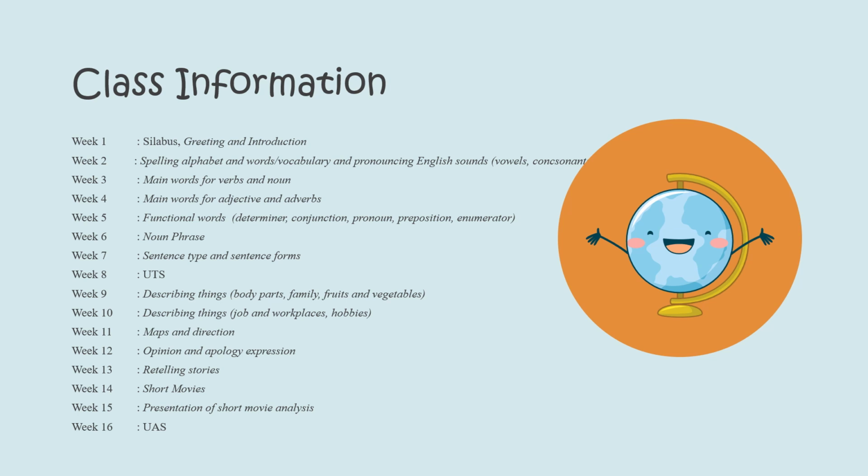On the third week, we have main words: verbs and nouns. Next, we have main words: adjectives and adverbs. For the fifth week, we have functional words: determiners, conjunctions, pronouns, prepositions, enumerators.